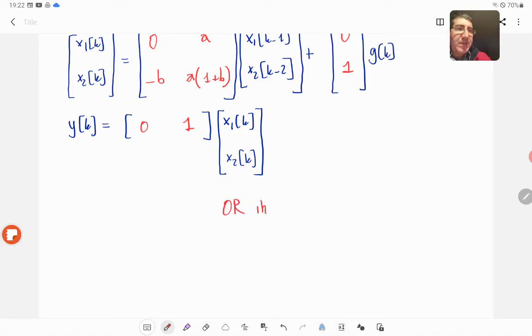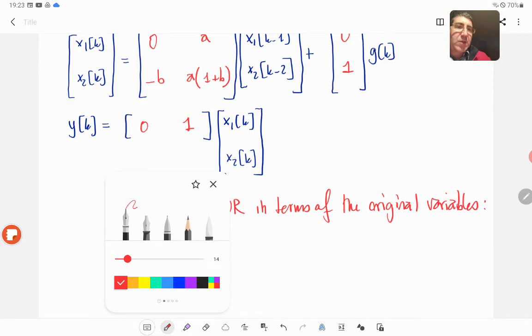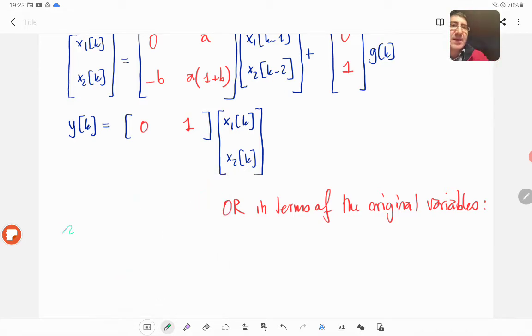Or, in terms of the original variables, if you want to really write it down in terms of the original variables, you will have the same equations, right?